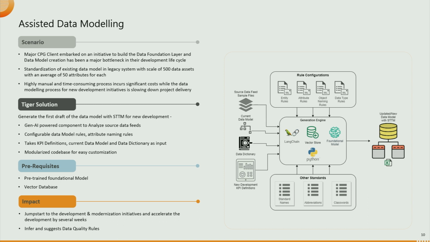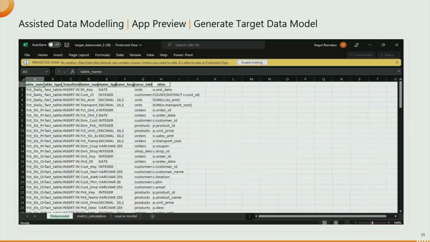It's well thought through. It requires a lot of tweaking and understanding to reduce the hallucinations and reduce the imperfections. But the good thing is that it's enabling your enterprise data modeling teams, your data analysts, to work faster, right?